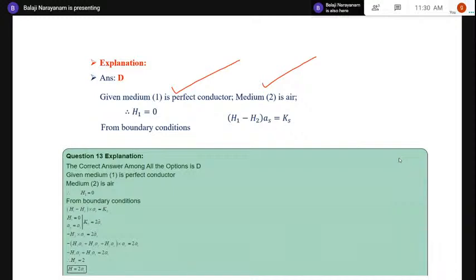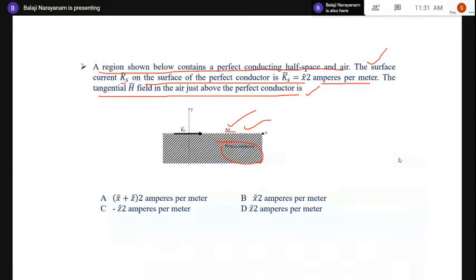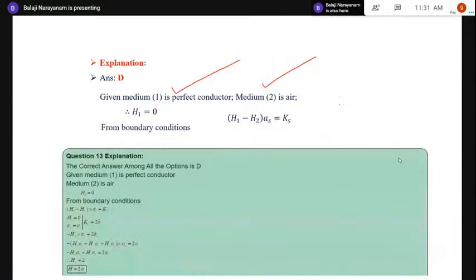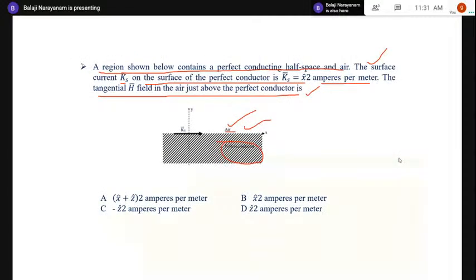So based on the boundary conditions, in the problem itself, the surface current Ks bar on the surface of the perfect conductor is given as 2 ax bar.